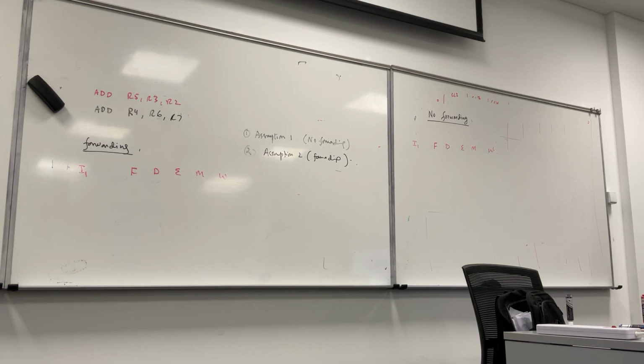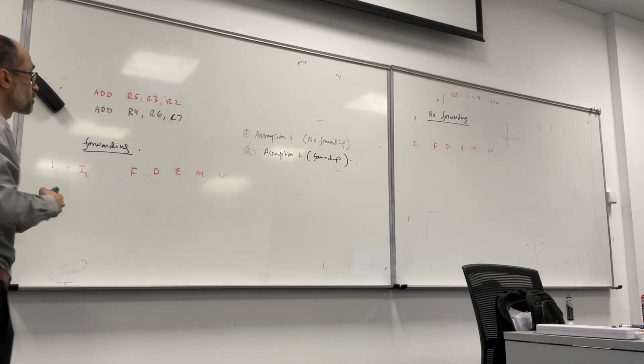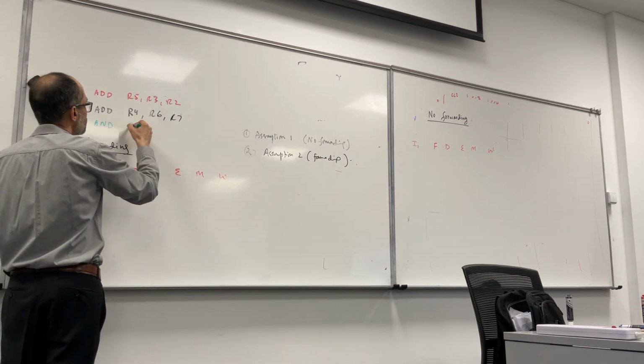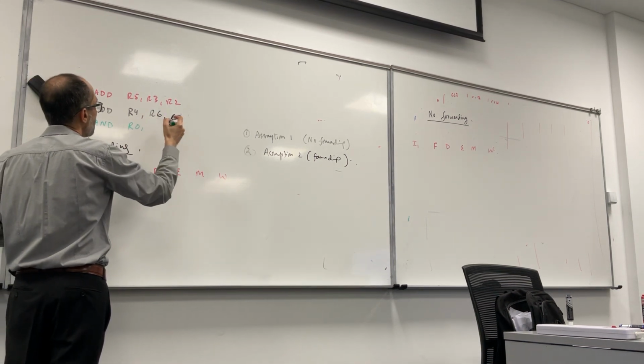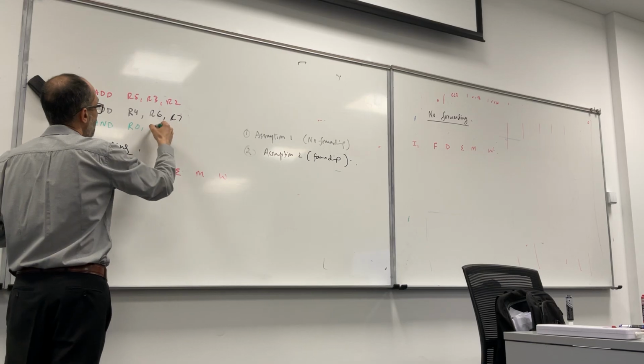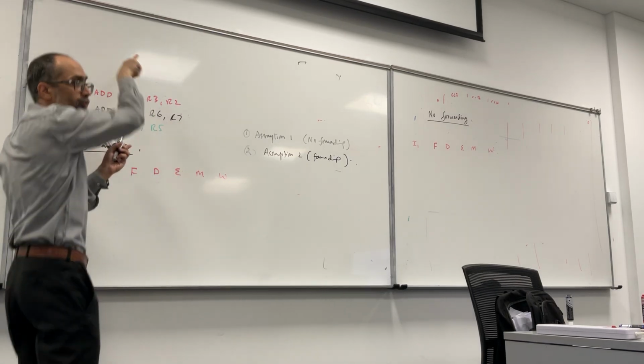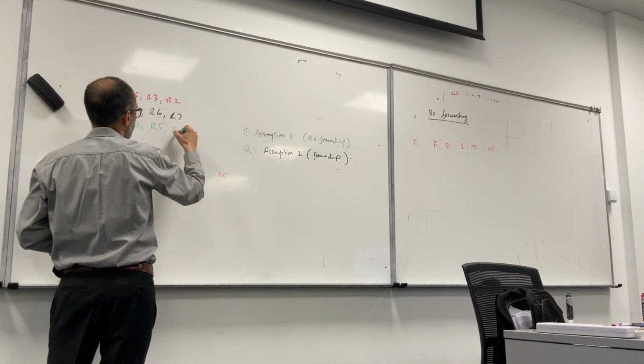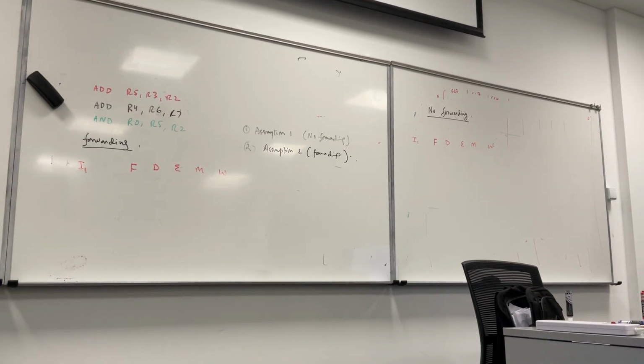They are independent. So now I am going to introduce another instruction. Let's assume we have an add. And now this is R0, and then it depends on, let's assume, R5. It depends on R5, the one previously. R5 and let's assume this is R2. So we have now the red instruction. Now we have the black instruction I2.